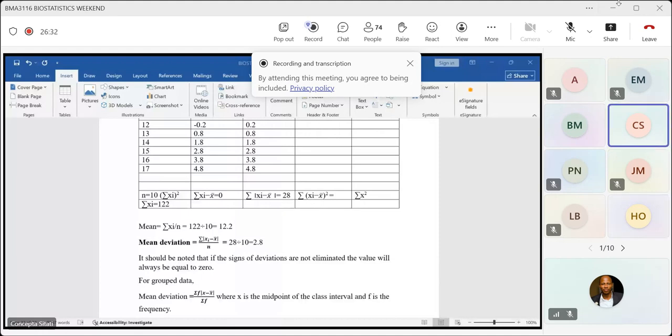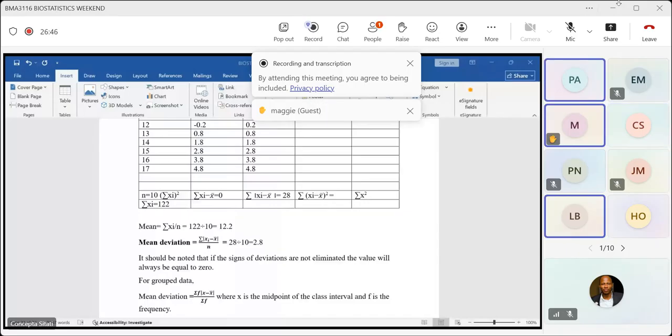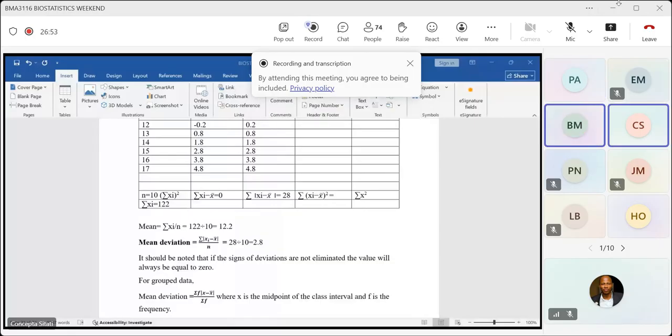The class rep for public health. Is anybody from public health? Yes, we are here. And where is group A? I've had Nyongesa's group. Where is Hussein?